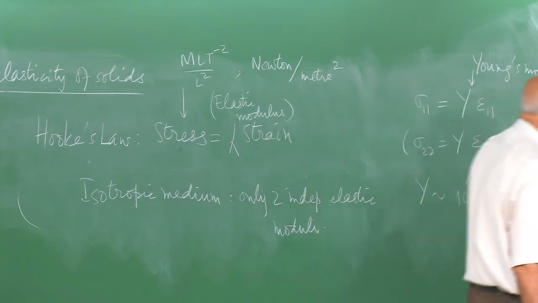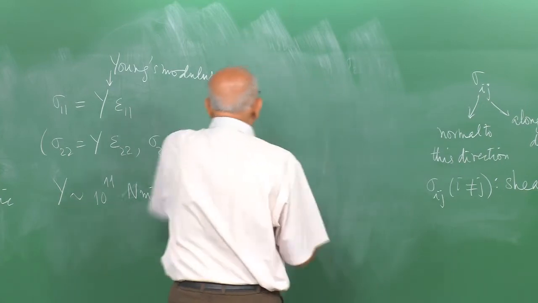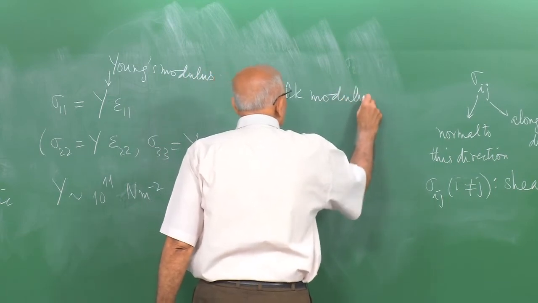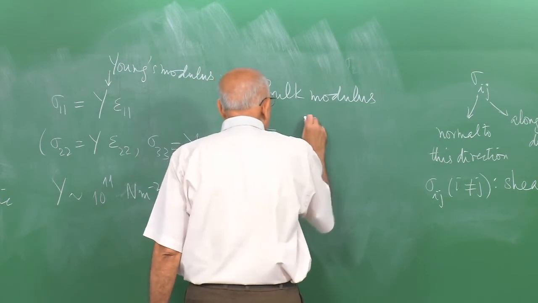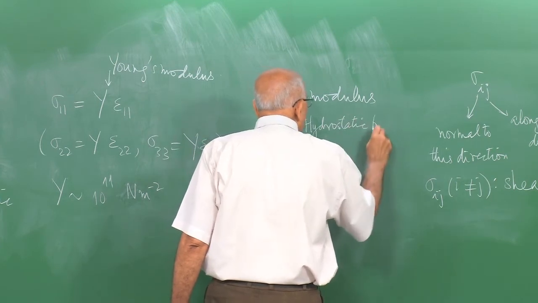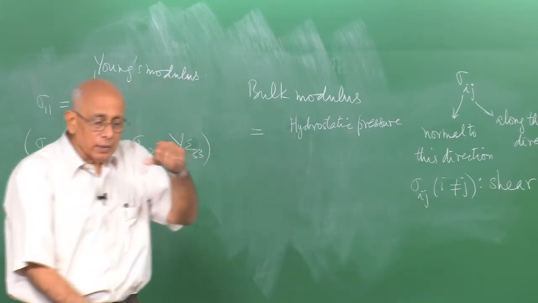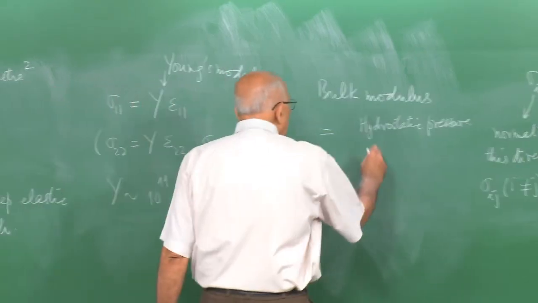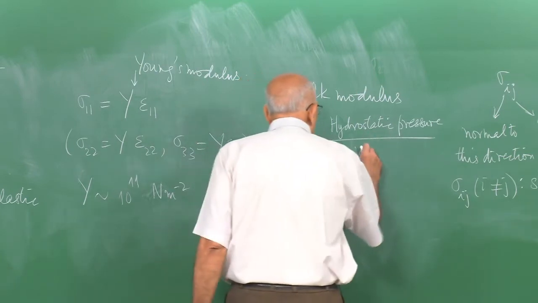So the bulk modulus, as we normally define it, is equal to the stress, which is a hydrostatic pressure, which means you apply sigma 11, sigma 22, sigma 33 and push in all directions, divided by the strain, which is the change in volume over the original volume. So this is volumetric strain.